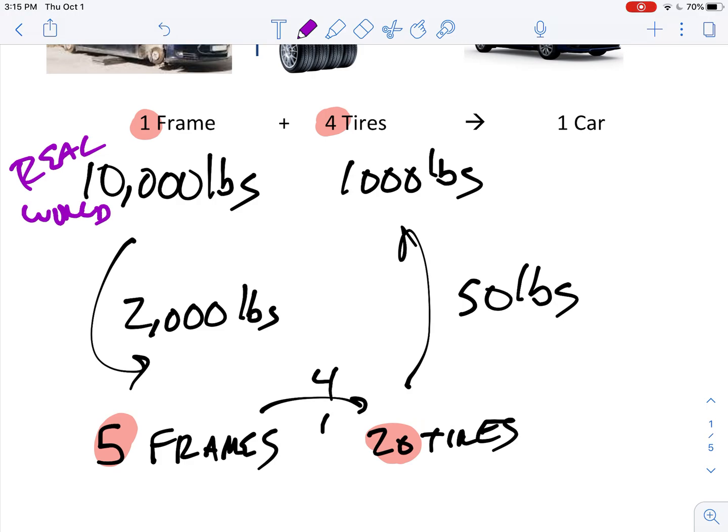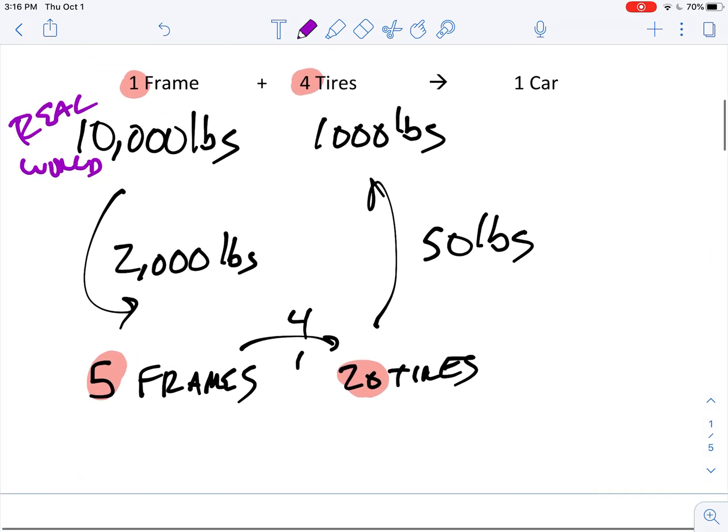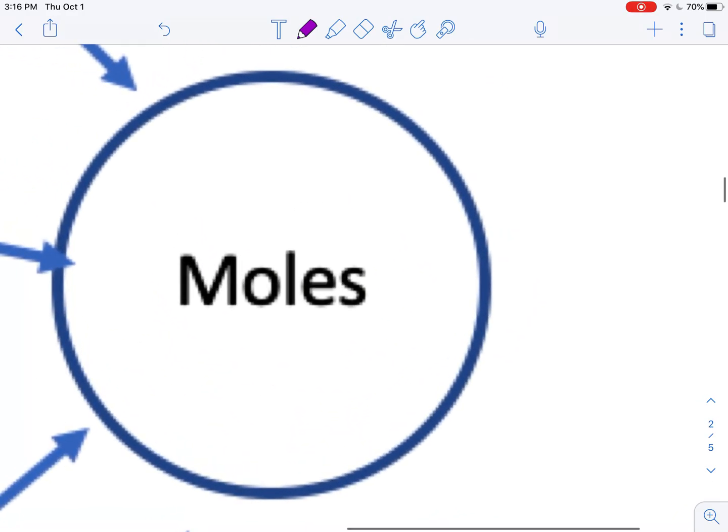Maybe it's a volume. Maybe it is a molarity of a solution. It's going to be some real world tangible unit that you can measure in the laboratory. But there is almost nothing in the laboratory that tells you the important unit for chemistry, and the most important unit in chemistry is the mole.